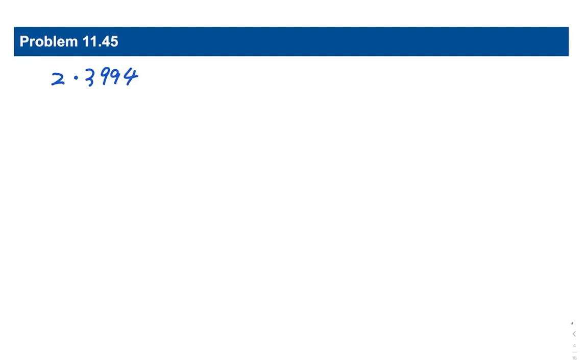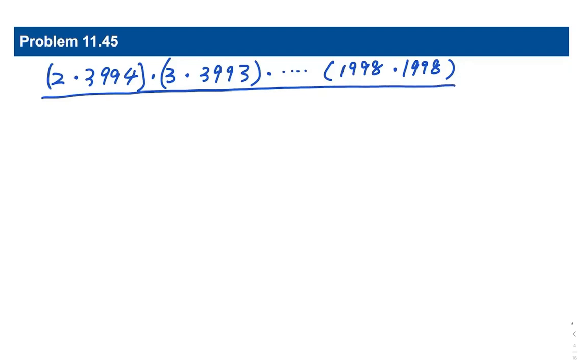Then look at the second factor: 1998 squared minus 1995 squared, which is 3 times 3993. Then this pattern is going to continue. The last one, we have 1998 times 1998. Now let's look at the denominator.